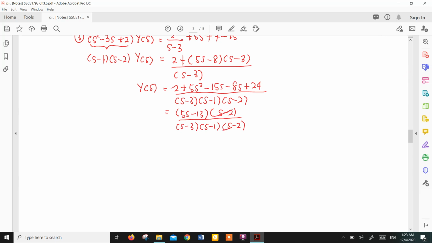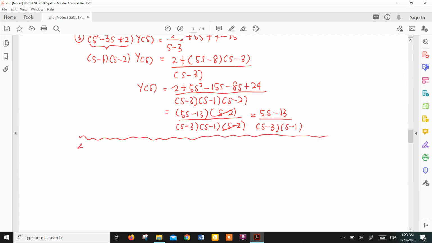You can cancel, so you just have (5s minus 13) over (s minus 3)(s minus 1). So this is the third step.